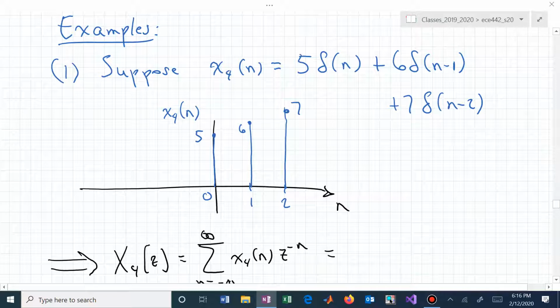It's 5 at n equals 0. Delta of n minus 1 is on when n minus 1 is 0, or when n is equal to 1. So now we have 1 times 6. That gives us a value of 6 at n equal 1. At little n equal to 2, we're at 7, using the same logic.